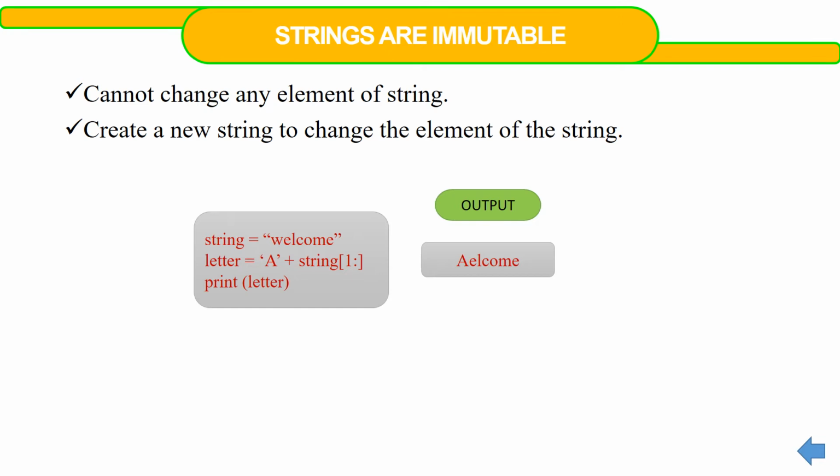I have given another character A, which I am going to concatenate with this particular string. I have given only the starting index but no ending value. The value at the starting index you need to change to A. So instead of W it will be printed as A. So this is an example of a string being immutable.